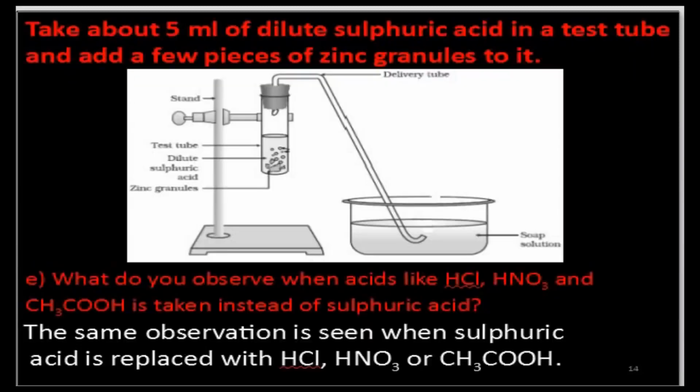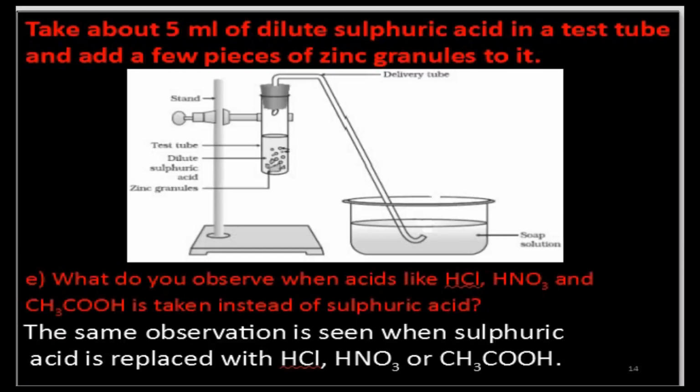Take about 5 ml of dilute sulfuric acid in a test tube and a few pieces of zinc granules. This experiment is to test how metals react with acids. And here, what do you observe? An acid like hydrochloric acid, nitric acid or acetic acid is taken instead of sulfuric acid.